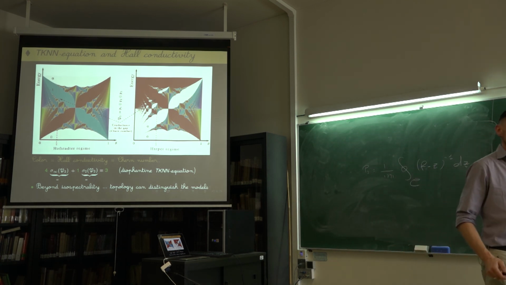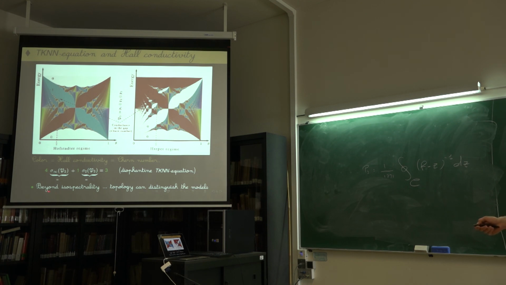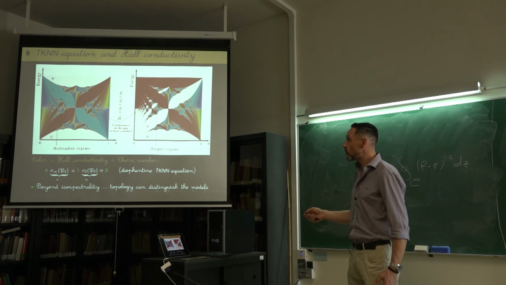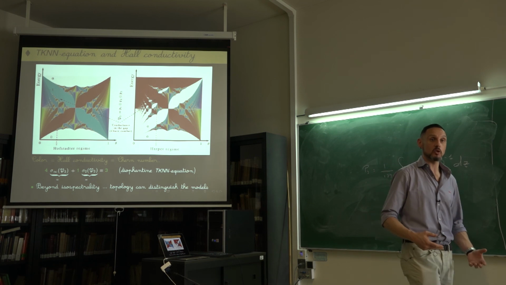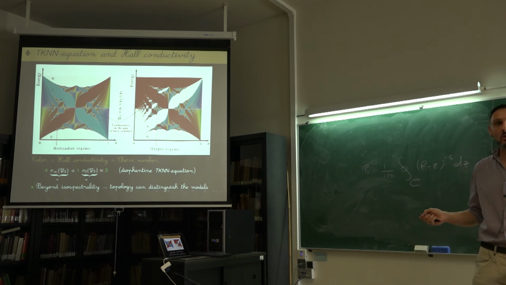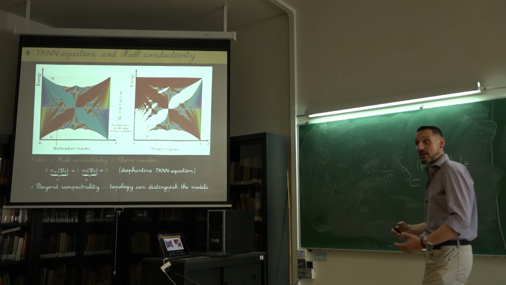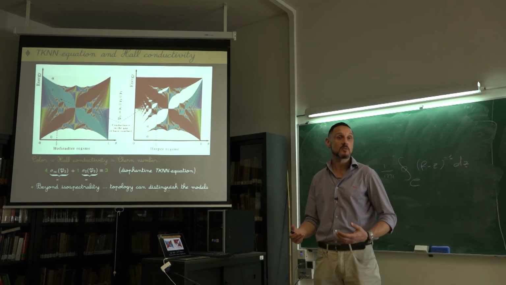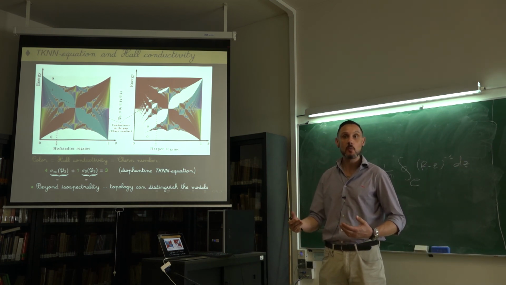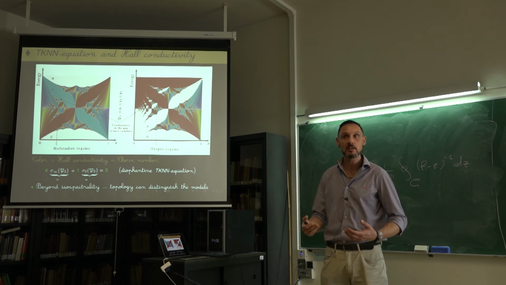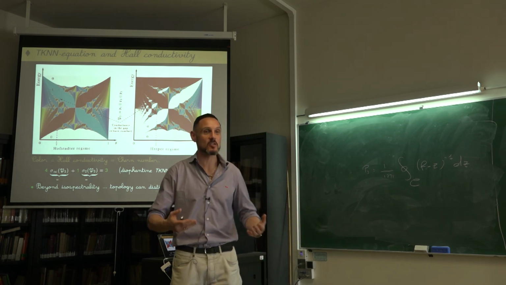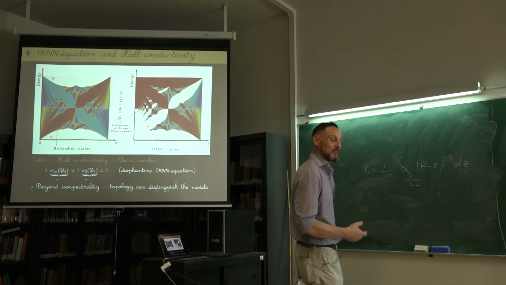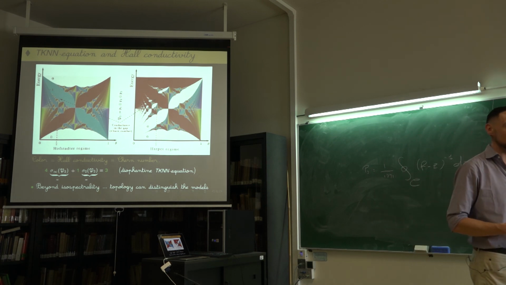I don't want to insist on this, but this is interesting because the spectrum alone does not contain enough information. The two models are completely isospectral, but they show differences in the topology, and this difference is evident in the colors. Then what I mean is there is something more in the study of the spectral properties of an operator if we realize that the projections indeed are topological objects. Okay? The spectrum is just given by the support of this projection, but these projections are vector bundles, are topological, then are encoding some information.